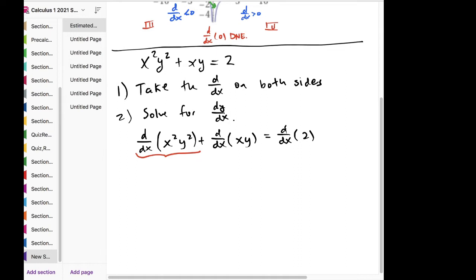So the derivative of the first is 2x times y squared. And then you have x squared times the derivative of y squared, which is 2y dy/dx.